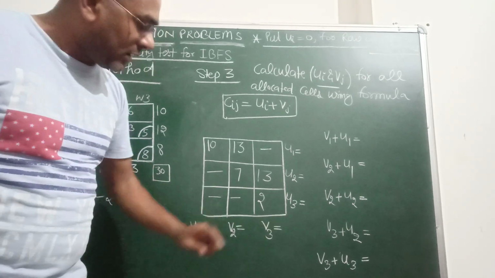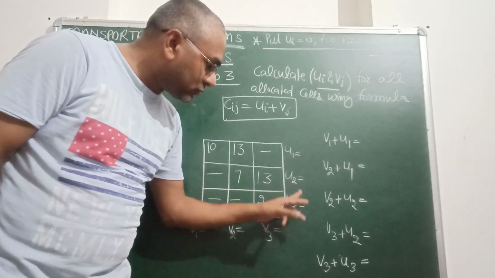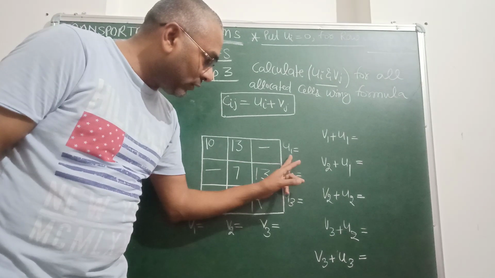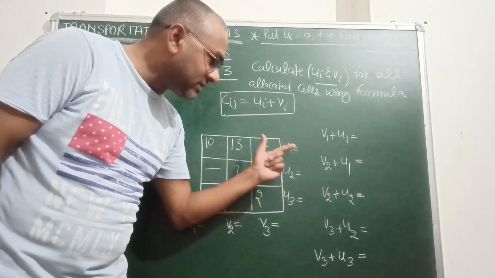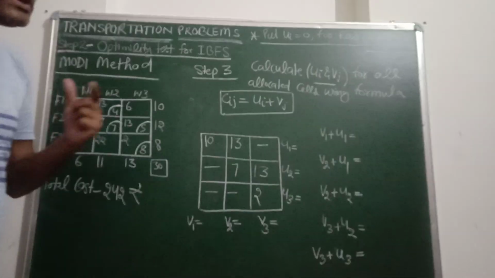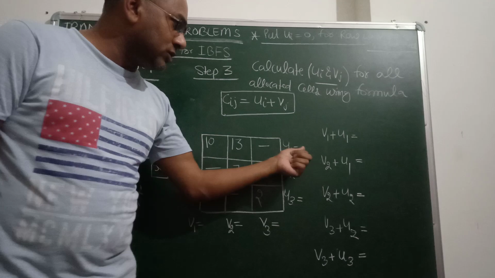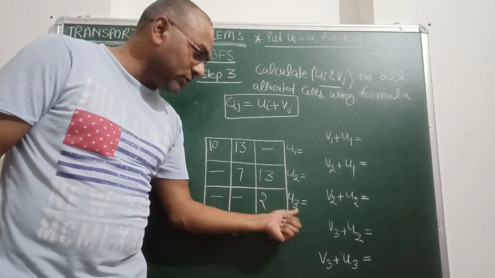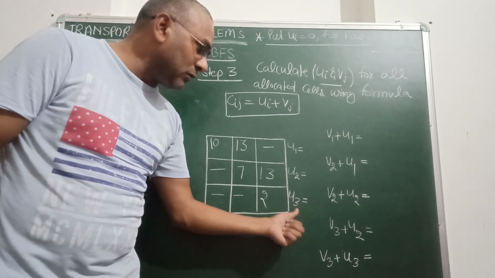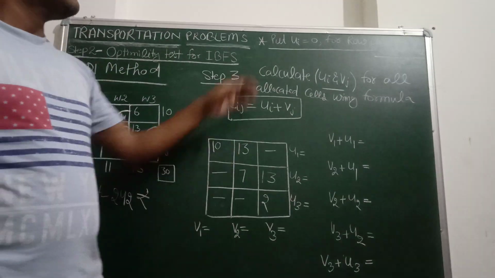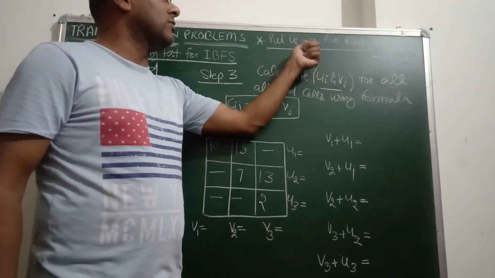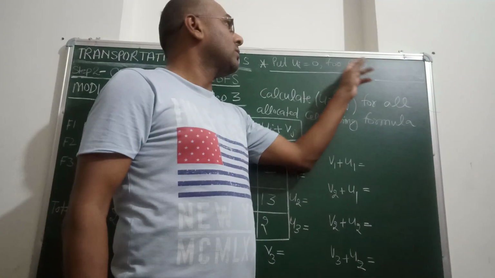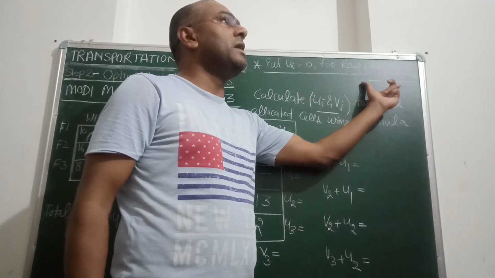So what we have to do is choose any one of the u1, u2 or u3 values as equal to 0. What is the principle for choosing which to set to 0, whether u1, u2 or u3? For that we follow a simple principle. We put the value of ui equal to 0 for the row in which the maximum allocations have been made.